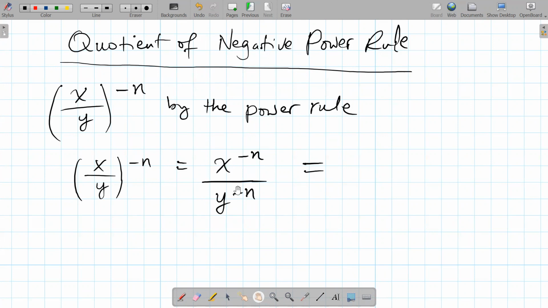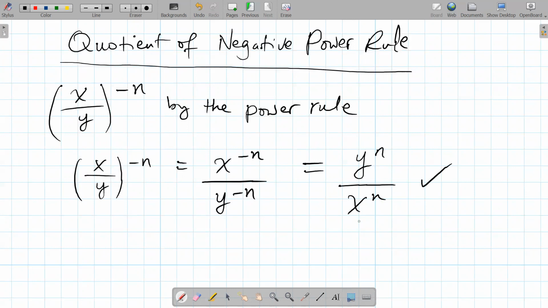And then if I need to change that from negative exponent to positive, it has to move from the denominator to the numerator. So this is the same as y over x all raised to n, right. This is always true.